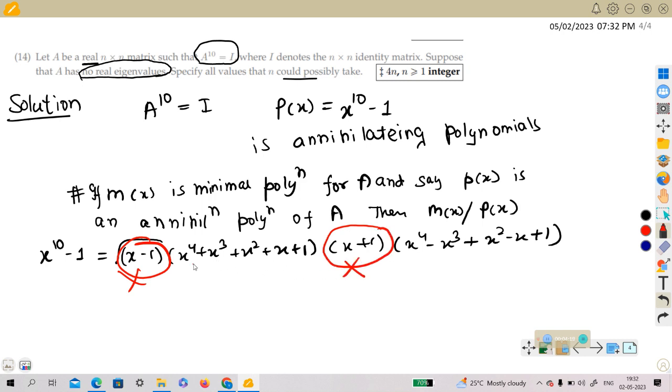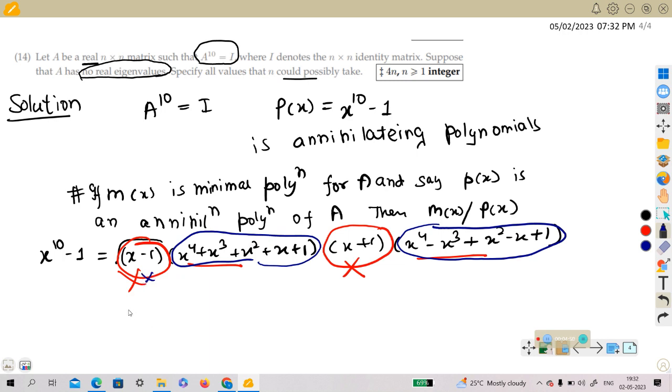The minimal polynomial can have the two degree-4 factors. Both of these polynomials are irreducible, so they don't have any real roots. As we know, the roots of the minimal polynomial are the eigenvalues.